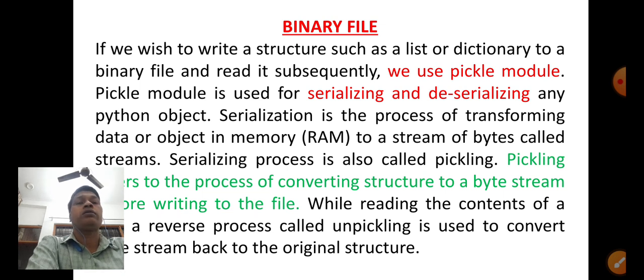What do you mean by this? Serialization is the process of transforming data or an object in memory, that is RAM, to a stream of bytes called streams. When data is going to be written in a file, the serialization process is performed, meaning data is converted into machine language, and one by one this data in the form of a stream is recorded in our file, that is a binary file.